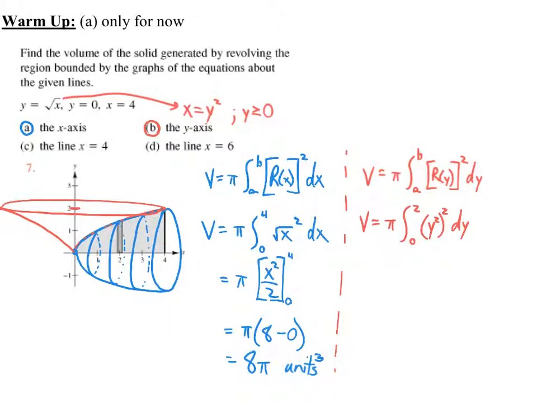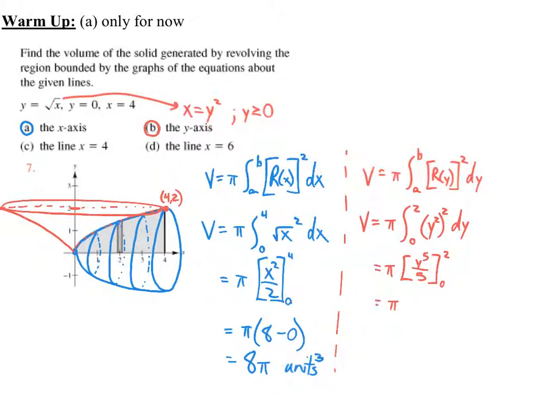Okay? This point here was the point (4, 2). Right? So on the y-axis, we're only going up to the value of 2. Okay? So we have y to the 4th. We integrate that. It's pi times y to the 5th over 5, evaluated from 0 to 2.